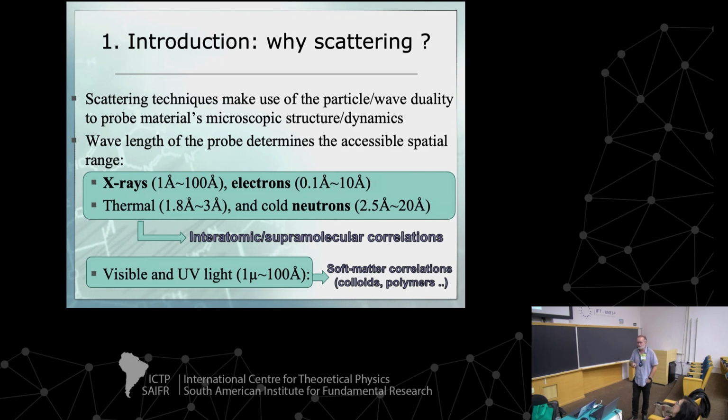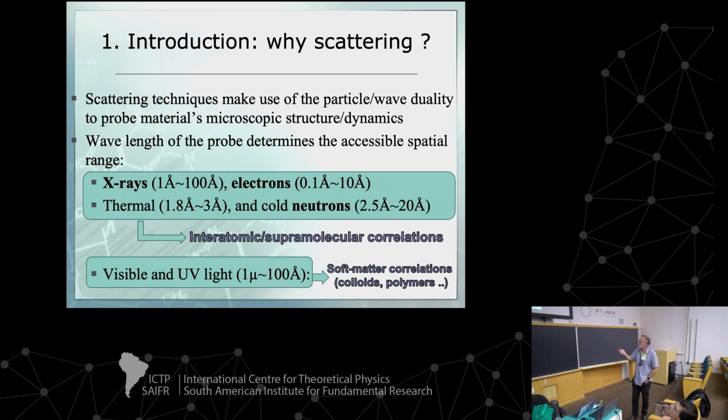What do we mean with the temperature of neutrons? In the neutron sources, they can be equilibrated with the environment. So we can have thermal neutrons, which more or less are equilibrated at ambient temperature, room temperature, or cold neutrons, which are actually cooled down.